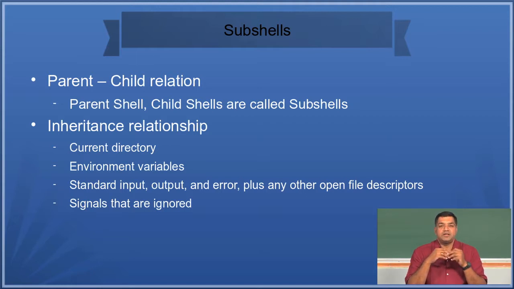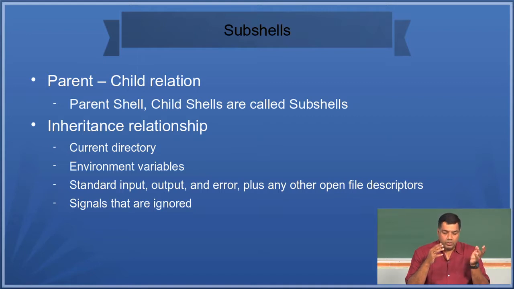So, in an inheritance relationship, what are all the elements that are carried over from the parent to the child? In our shells and subshells, the inheritance relationship carries over, one, the current directory where the program is getting executed, and then all the environmental variables that were supplied by the parent to the current subshell.